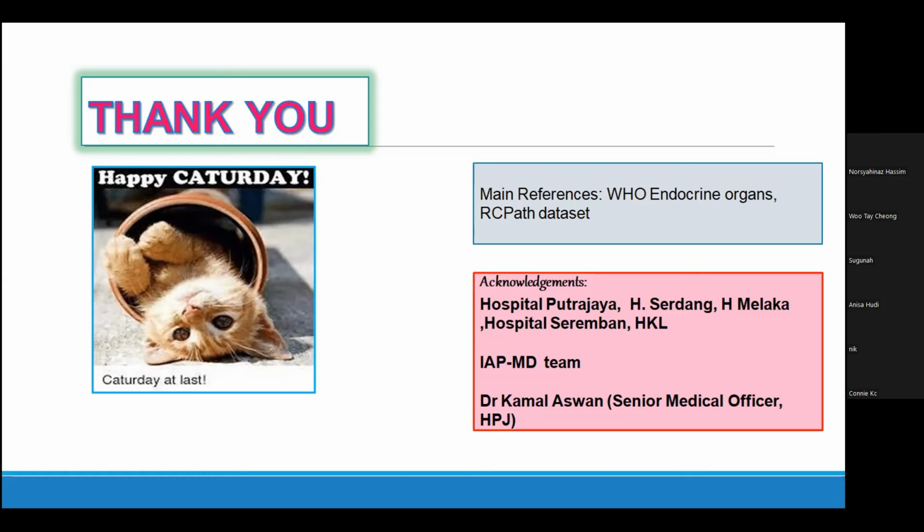Based on my experience, most of the cases referred to me are where you want to differentiate a nodule, between NITFI, follicular adenoma, follicular carcinoma. These three lesions are difficult for junior pathologists.